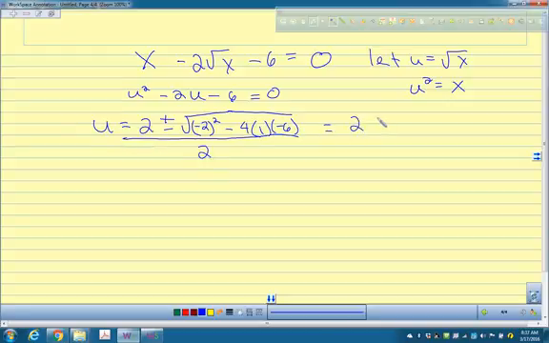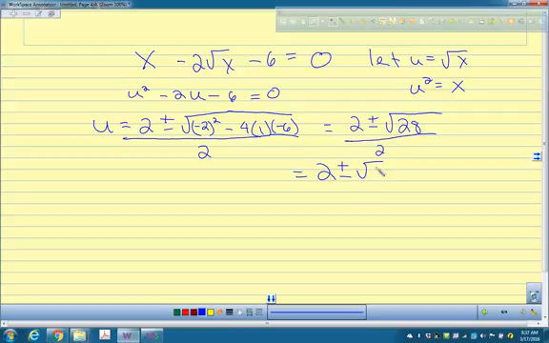This is 2 plus or minus the square root of 4 plus 24. Is that right? 4 plus 24? What's 4 plus 24? 28. That whole thing divided by 2. You keep going with this because it's going to be easier when you do the back substitution. 2 plus or minus, how could I rewrite the square root of 28?